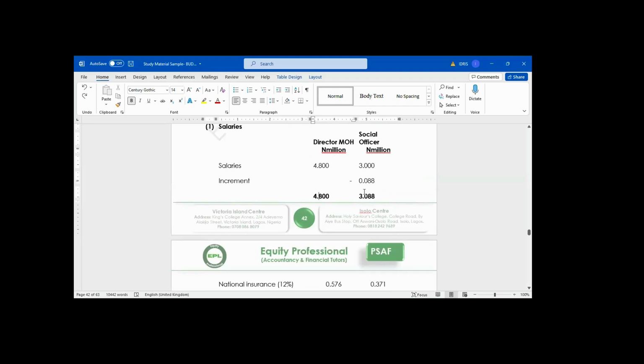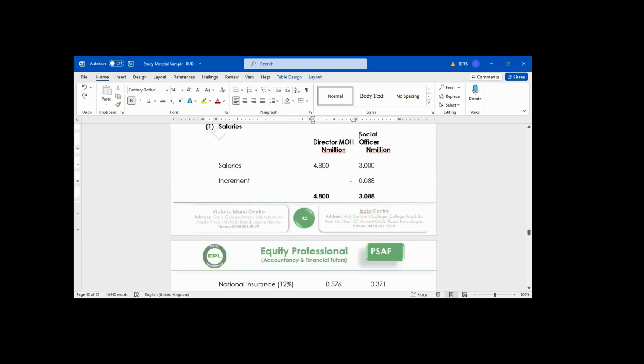For the social officer, 3 million for 2016 plus the increment gives us 3.088. Do we understand? Yes, sir. That is salary alone.